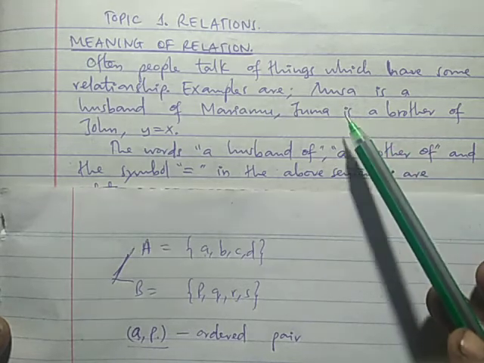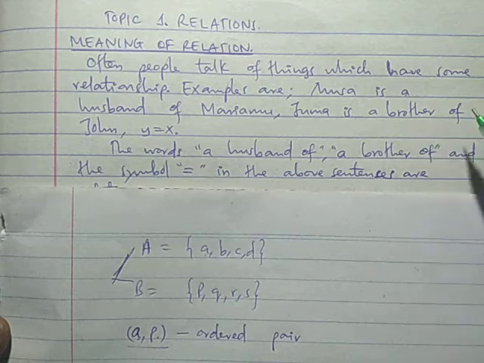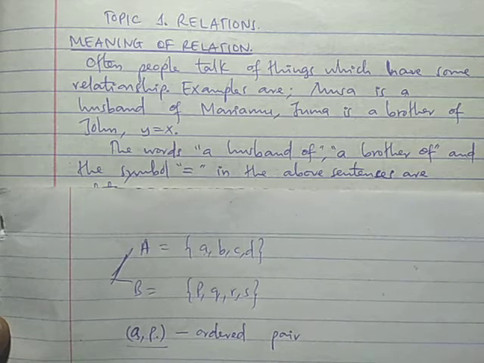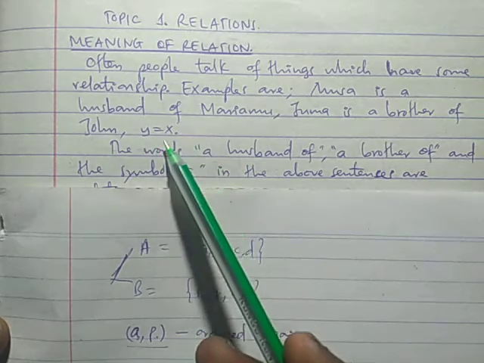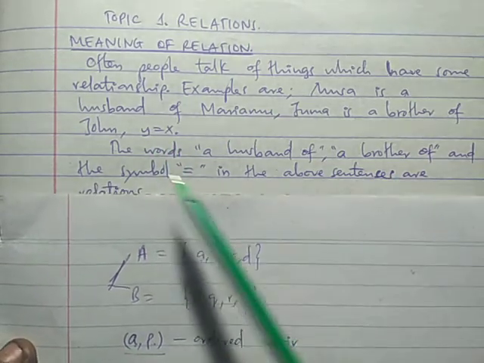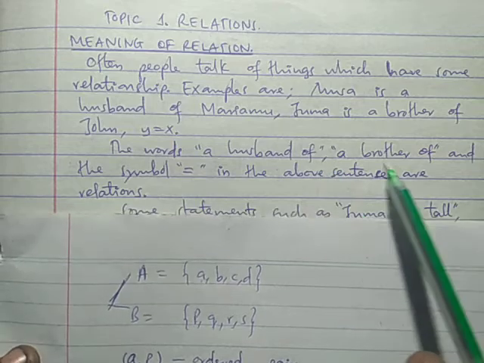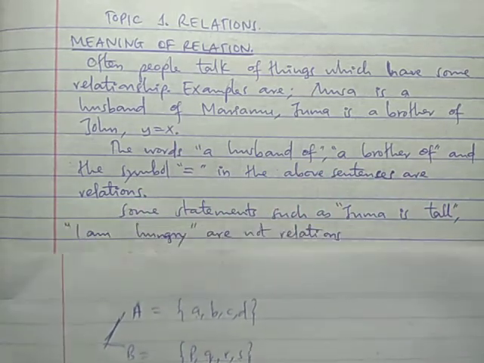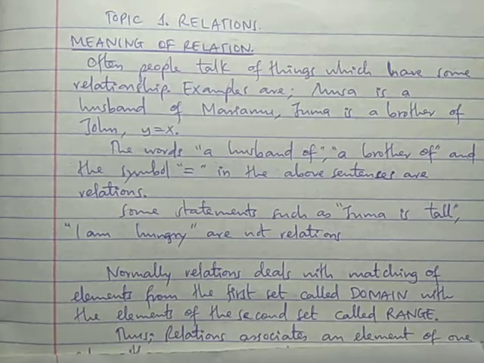And also when you are saying Juma is the brother of John, is the sentence which show relation. And in mathematics you can say y is equal to x. This symbol is equal is the symbol which show relation. So the words a husband of, a brother of, and the symbol is equal in the above sentences, they are relation, or they show relation.